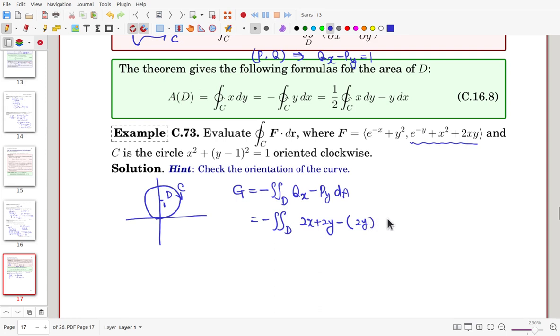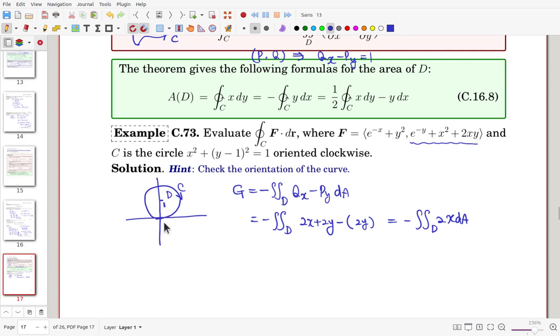So that is the same as, the 2y will disappear, minus the integral over D of 2x dA. Right? Now, for that one, we have to have a strategy to get the integral.